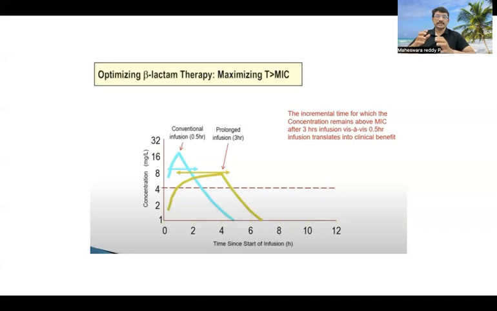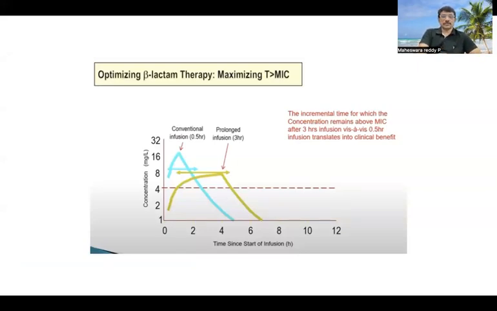In the case of concentration dependent, when we see this graph, the x-axis is the time since the infusion of the IV antibiotic. The other axis is the plasma concentration of the antibiotic. This dotted horizontal line is called MIC, the minimum concentration of antibiotic that can kill the bacteria.